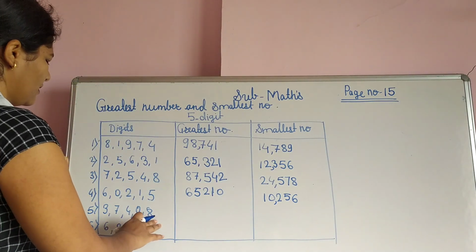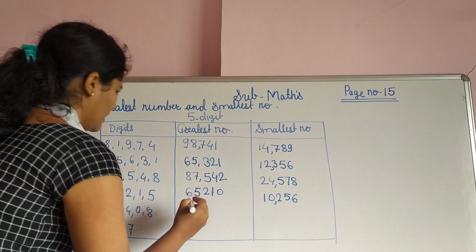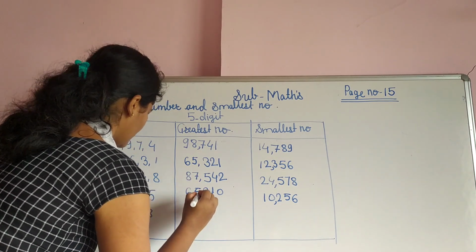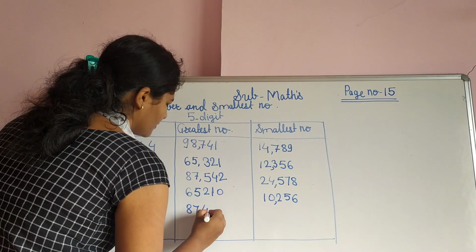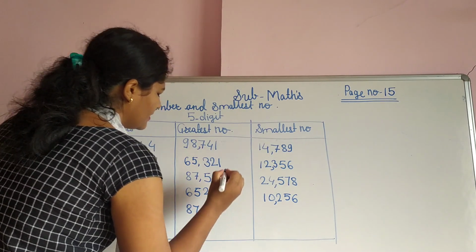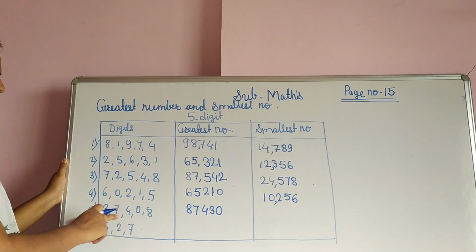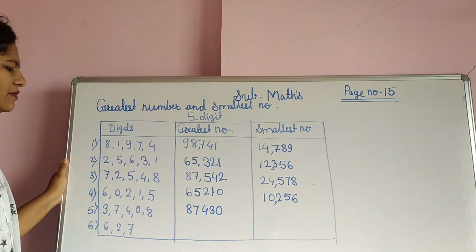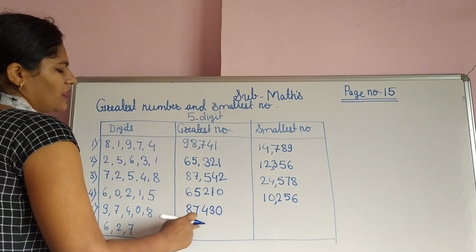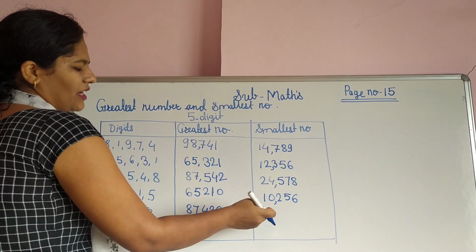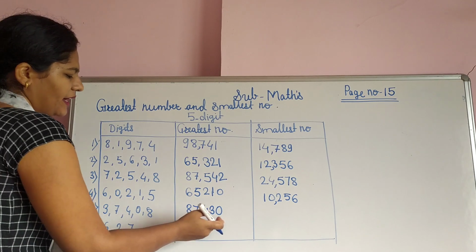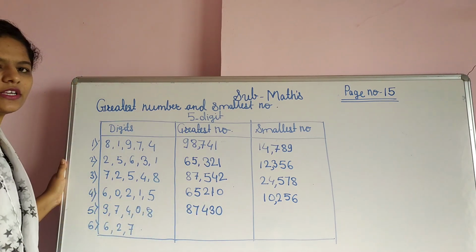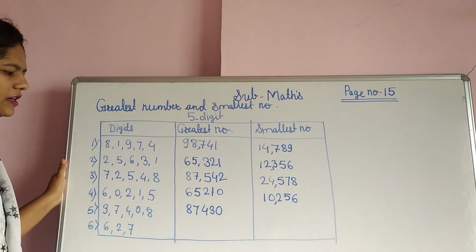Firstly we write biggest digit, that is the 8, then 7, then what is the next? That is the 4, 3 and 0. So we see smallest number. So here which number is small? 0 is small, but we can write 0 first digit? No. Then we will get 4 digit number, but here we want 5 digit number.